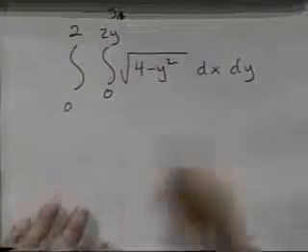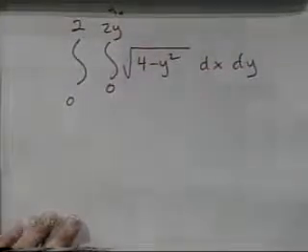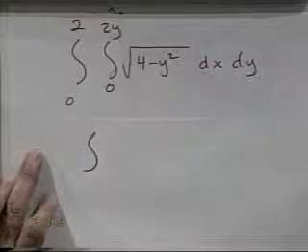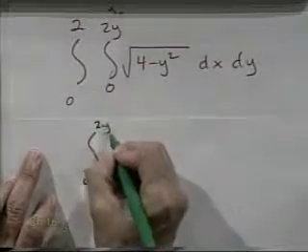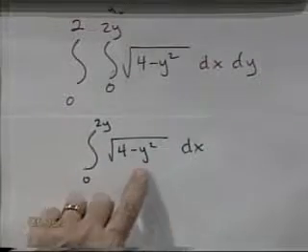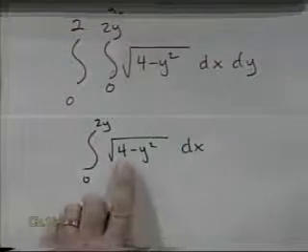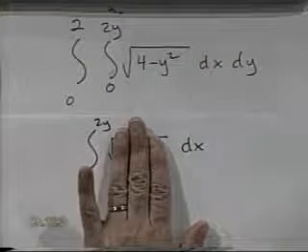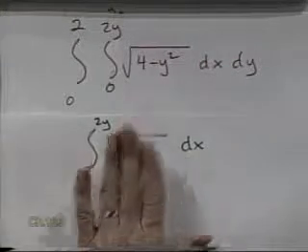All of a sudden, people, let's look at that inner integral. Looking at the inner integral, y is a constant. So the square root of 4 minus y squared is just acting like a 5. So what's the integral of 5 dx? 5x.